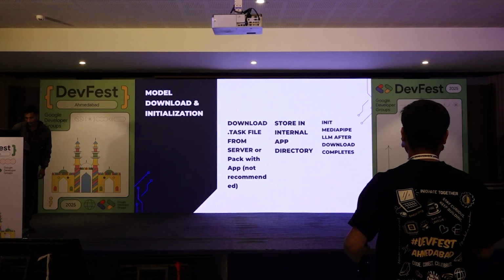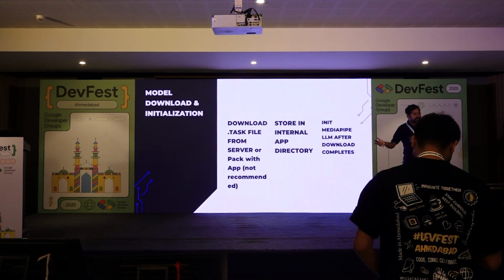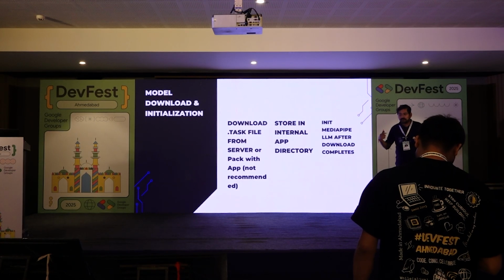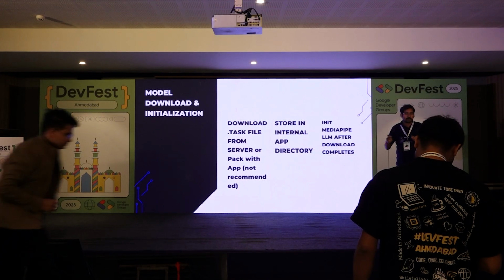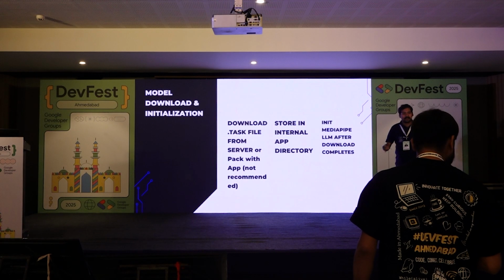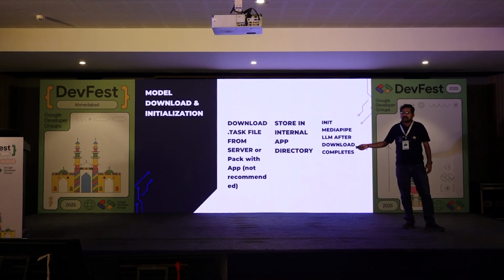Your mobile is not similar to AWS cloud, right? Or not even your laptop. It has a limited amount of capacity. So a .task file is a file that contains TFLite and the required files to run it on mobile. You store it in an internal app directory, and then you run MediaPipe inference.